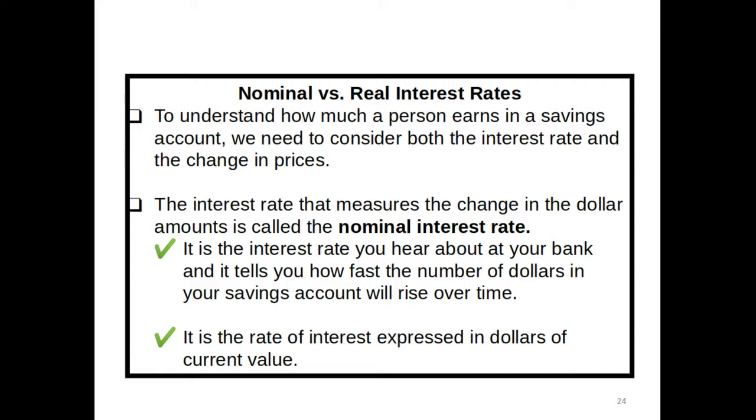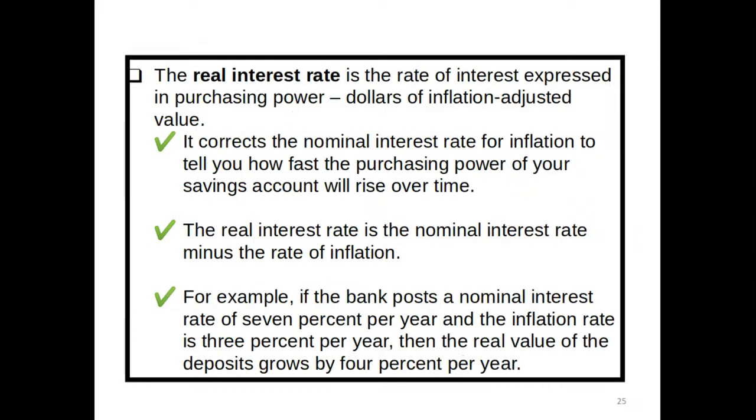How fast is your money going to rise over time? Say you put your money into a savings account and they say you've got a 2% interest rate. That's your nominal interest rate. You go to a car dealership, you take out a loan and they say, 4% interest rate. That's the nominal interest rate.